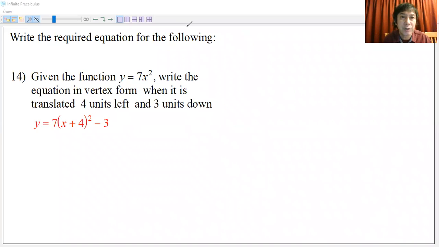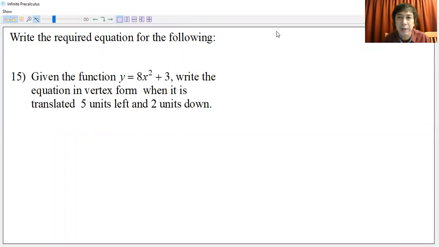Continue with the next. All right, here's the next. Write the required equation for the following. Given the function y is equal to 8x squared plus 3, write the equation in vertex form when it is translated 5 units left and 2 units down.